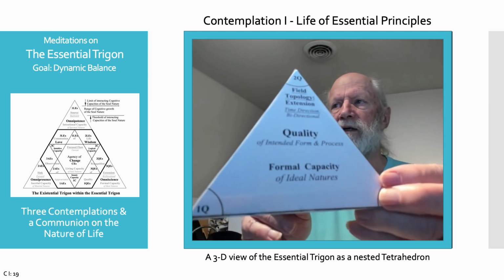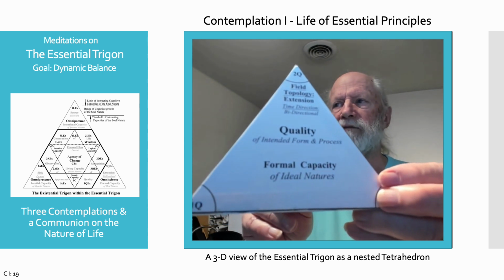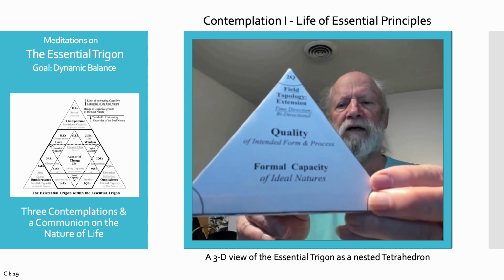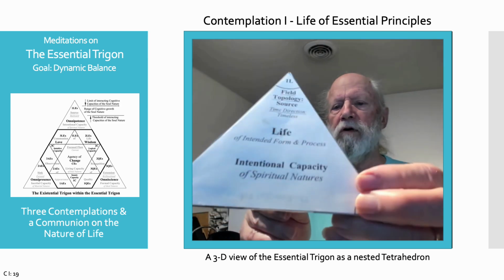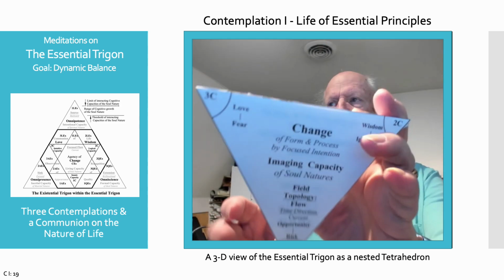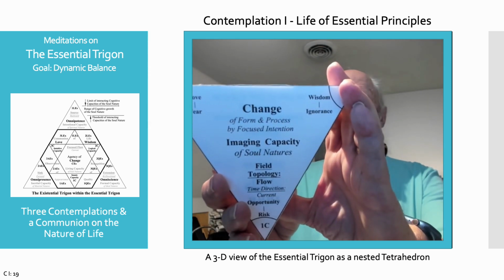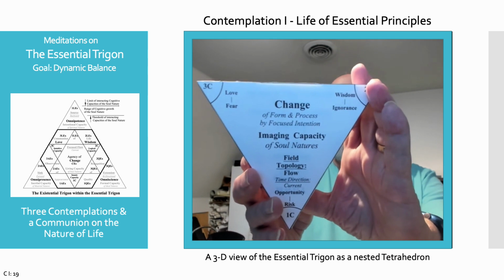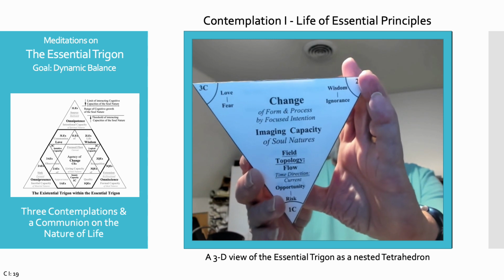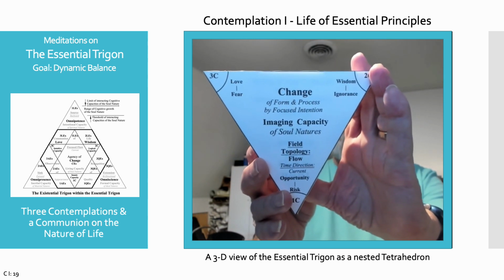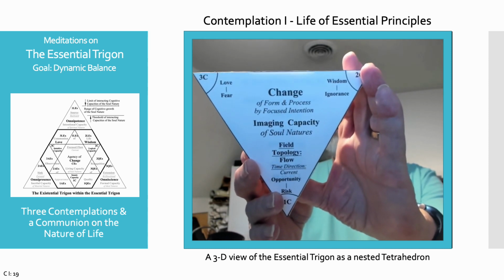And then the quality of intended form and process as representing the formal capacity of ideal natures. Back to the first, if we rotate up, we see that the base of the essential trigon, or in this case, essential tetrahedron, is the imaging capacity of soul nature, which is the agency of change of form and process by focused intention.